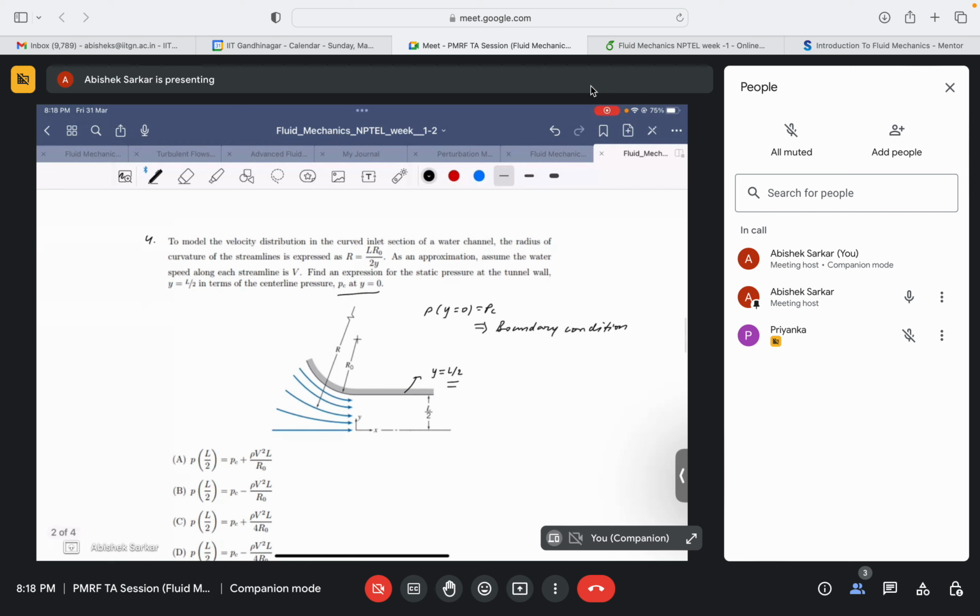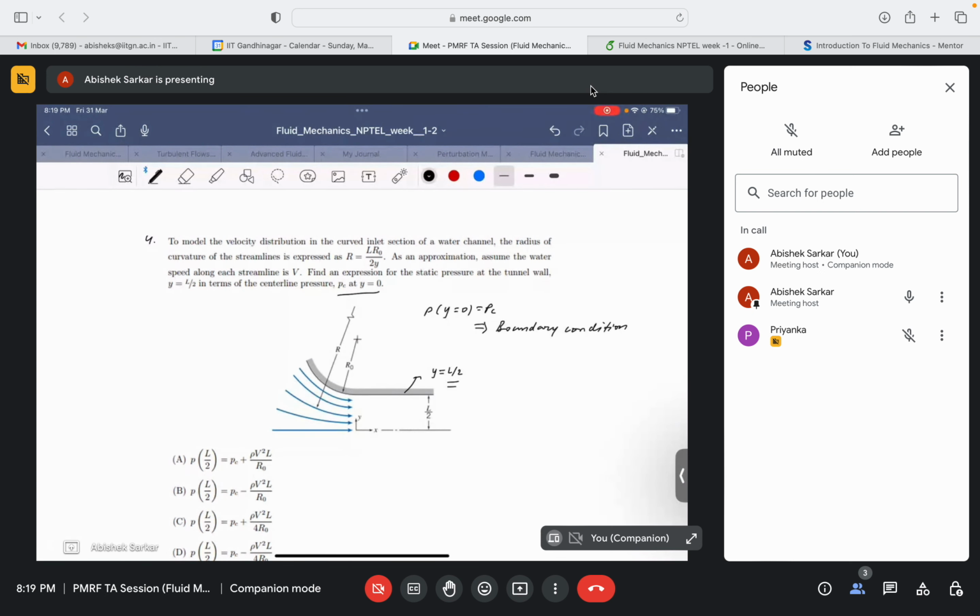Just asking out of curiosity: directly looking at the question, do you think the standard Euler's equation that we get in the Cartesian coordinate system would be applicable in this problem? It would be difficult, sir. I cannot say it is directly inapplicable, but you need to do certain coordinate transformations so that you can take into account the curvature of the streamlines.